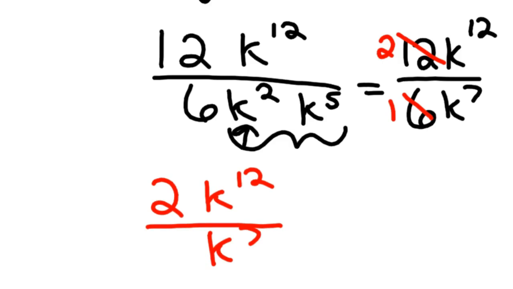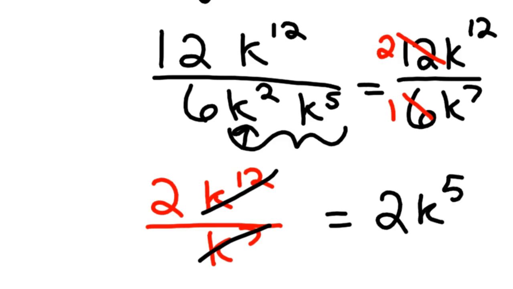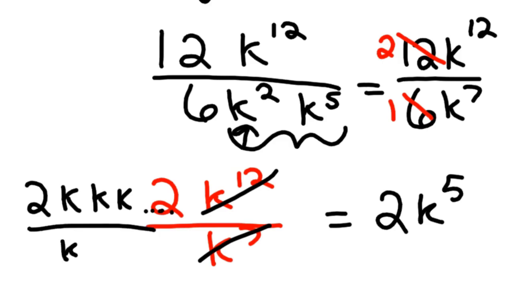And then you can reduce the k's. So you can cross out 7k's. And so your final answer is 2k to the 5th power, because there was 7k's. Again, if you're not sure why, I could just cross them out. Let's imagine writing out 12k's over 7k's.